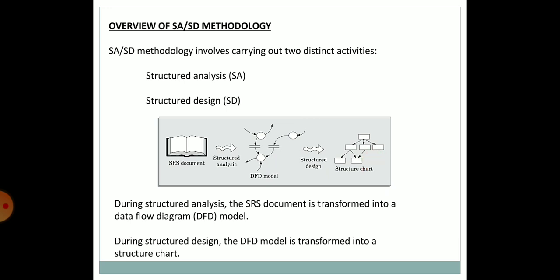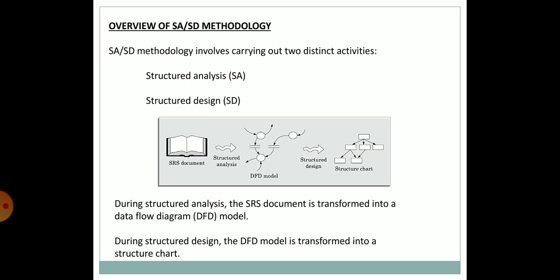Okay, during the structured analysis activity, it transforms the SRS document into a graphical model. It is called the DFD. And in the analysis process, overall functional decomposition of the system is achieved.